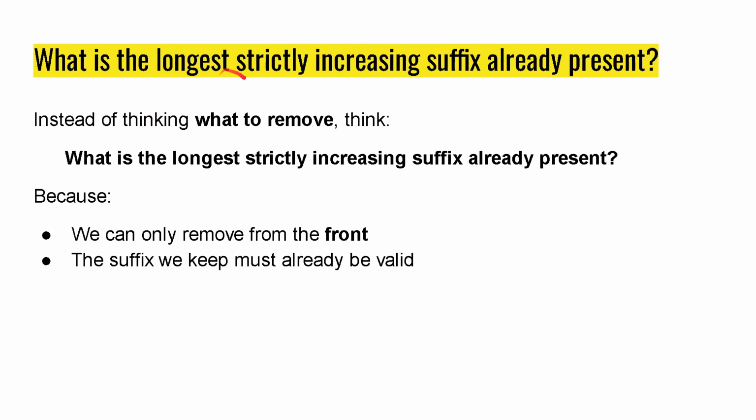What is the longest strictly increasing suffix already present? Instead of thinking about what to remove from the front, think of the longest strictly increasing suffix already present in the given array.